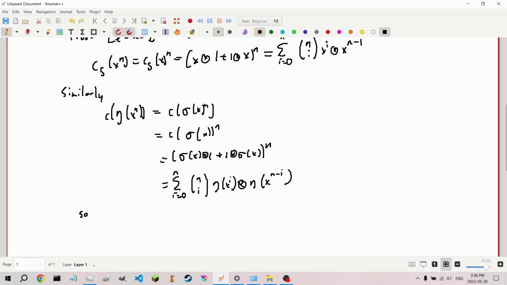So that eta tensor eta of cs of x to the n is equal to c of eta of x to the n.